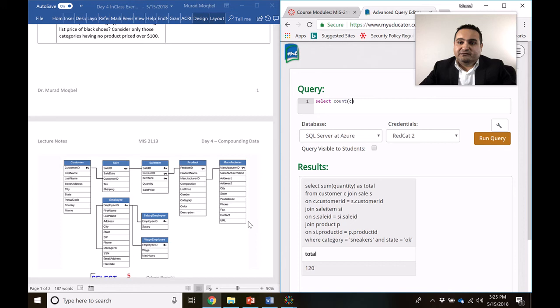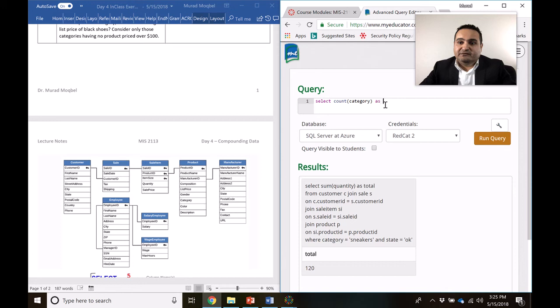So a count and then category, because if I use this query this way, actually it's going to count all the rows that have a category in it, which is not accurate. I want only the number of unique categories.